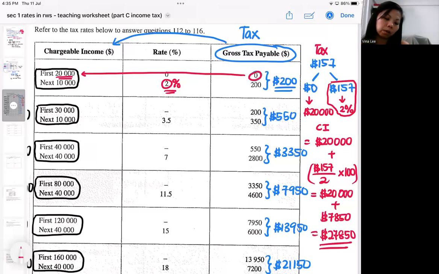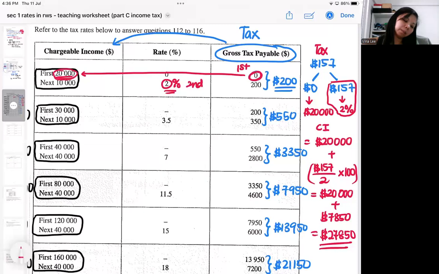Okay, so I repeat. How do you look at it? You must always remember the tax comes from two baskets. The first basket is zero tax. The second basket is 2%. So the first basket is here, the second basket is here. From the first basket, we know that the chargeable income is 20,000. So the government says 20,000, no need to pay tax.